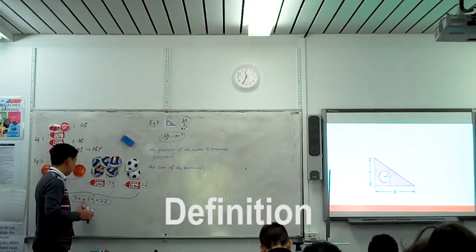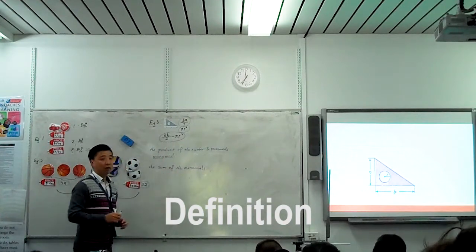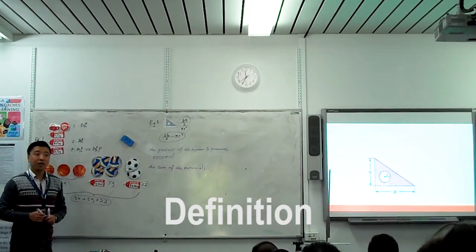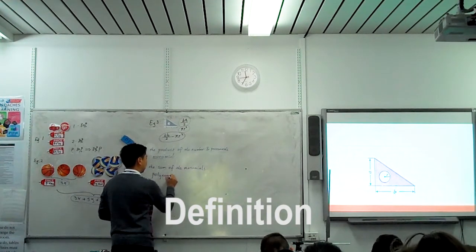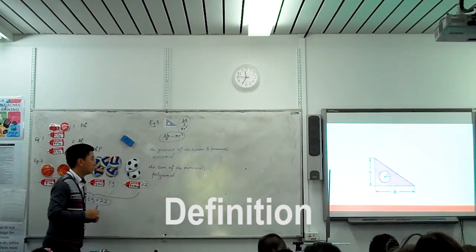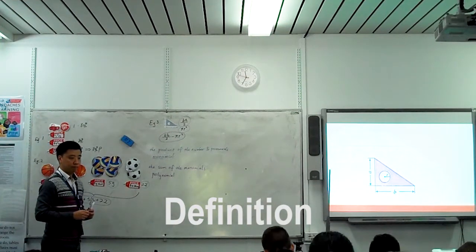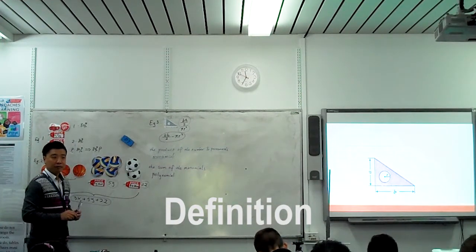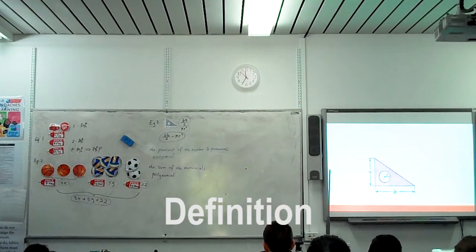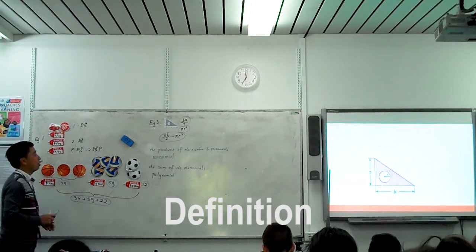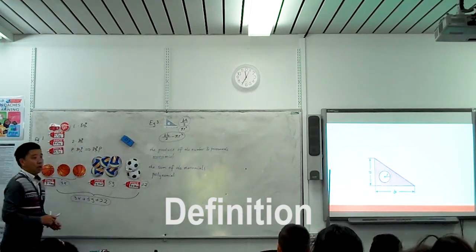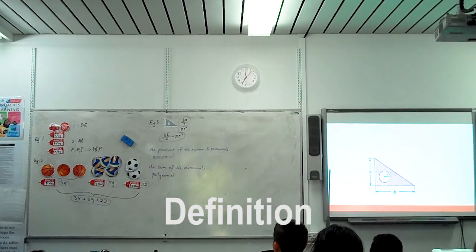It's all about the sum, and the sum of all the monomials. So we call that poly. Now that is the definition of the algebra. Okay, this is the definition.